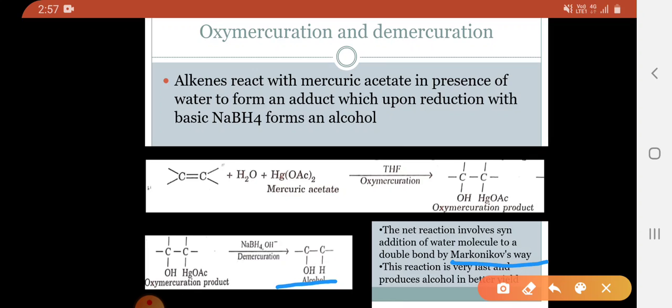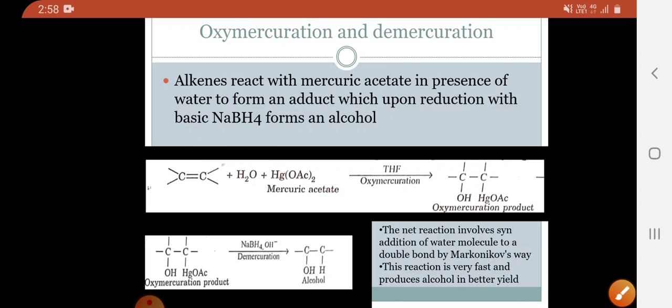You know why the Markovnikov way is followed? Because in the first step, the alkene forms the carbocation only at the site where it is more stable, since the attack from the electrons of the pi bond renders the next carbon a carbocation site, and the positive site is formed in its more stable form.